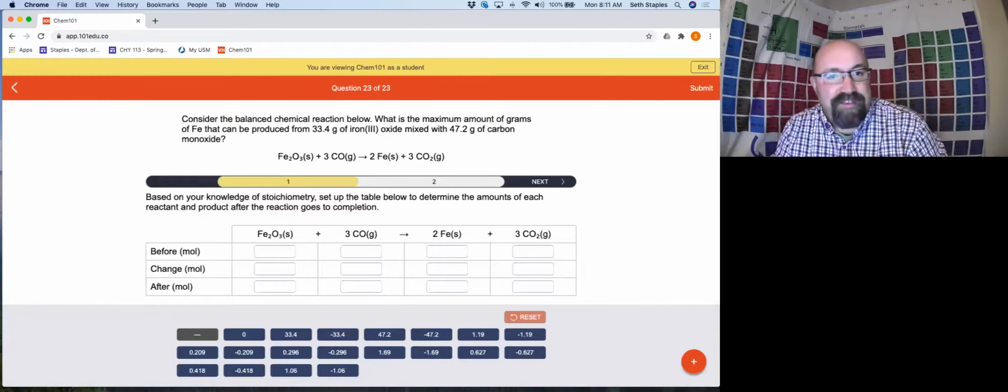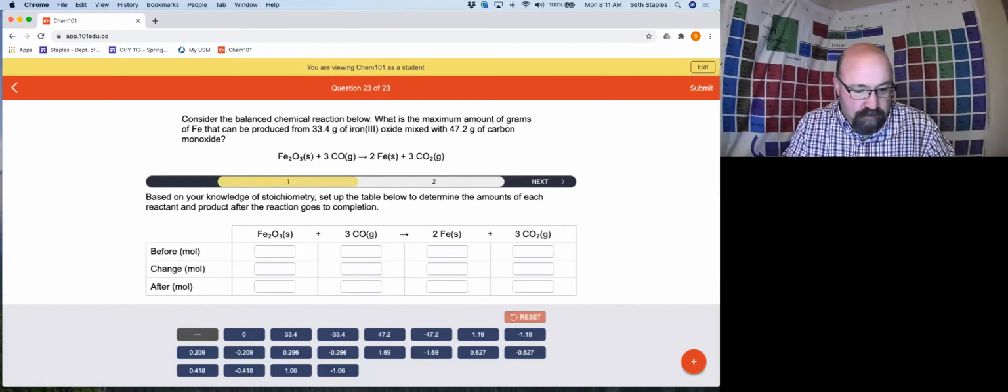And so we calculate the molar mass of Fe2O3. We find that to be 159.69. So we're going to take our 33.4 grams of iron 3 oxide divided by 159.69. And we see that we have a given amount to start of 0.209 moles of iron 3 oxide. And so that goes into our table as our starting amount of that reactant.